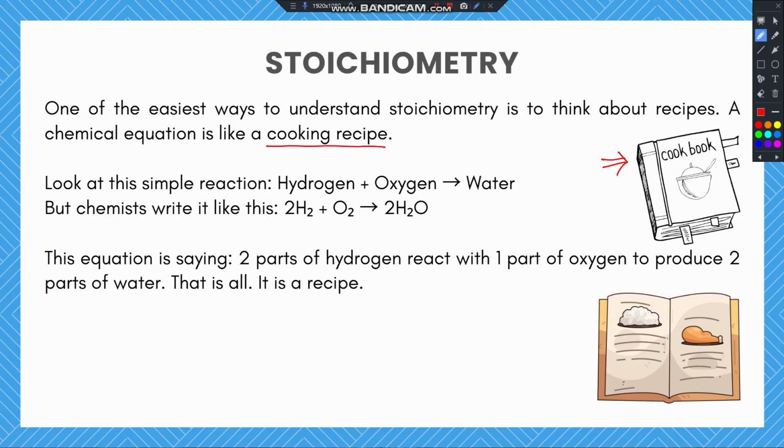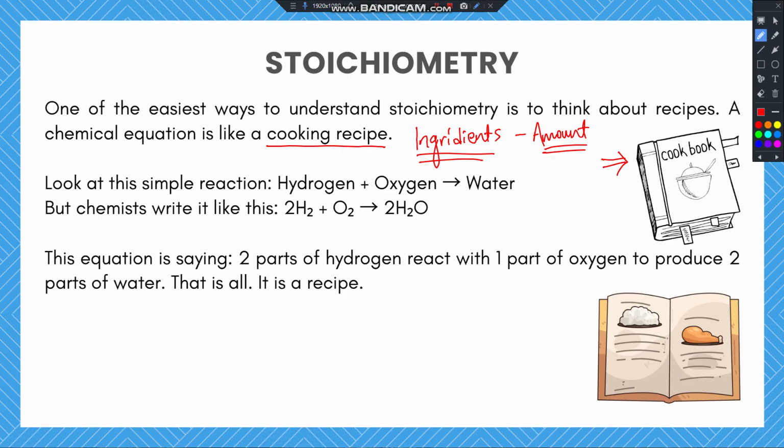For those who do not know, a cooking recipe is simply a written record that contains the ingredients needed to produce a particular meal, a particular dish. It doesn't just contain the list of ingredients, it contains the amount of each ingredient that will be needed to produce that dish. So a chemical equation works very much like that.